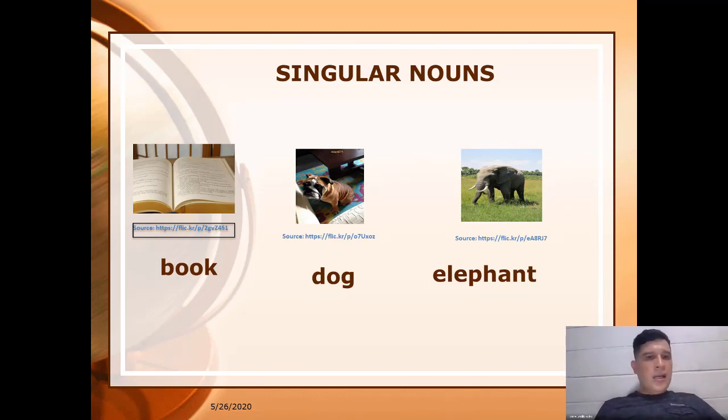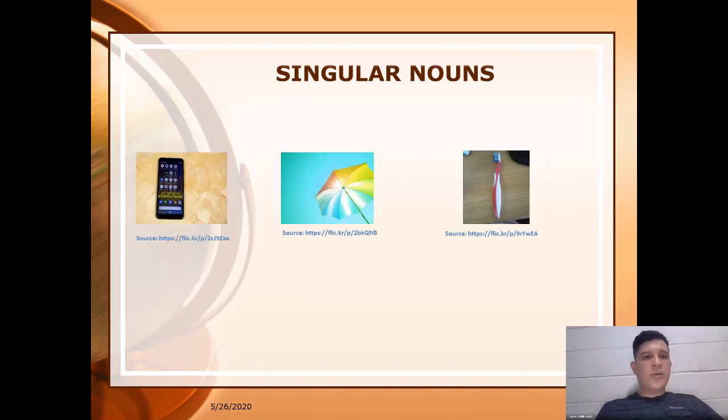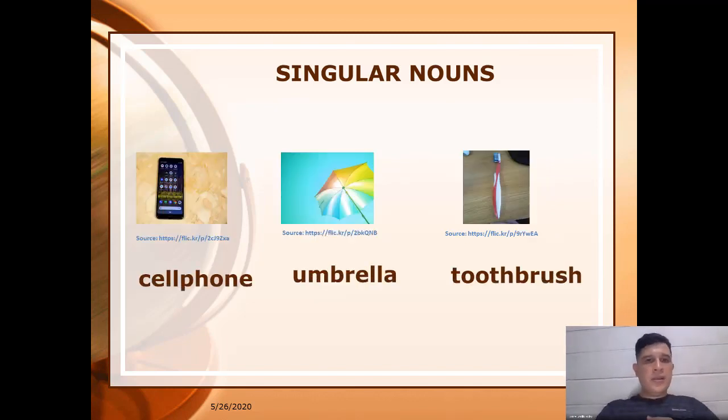Then in the next slide we have more singular nouns. So we have cell phone, it is only one. Umbrella, same thing. And toothbrush is only one. So when we talk about one thing, it is singular, one object, or animal, or whatever you want to mention.